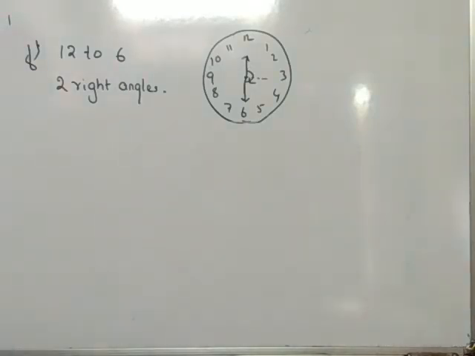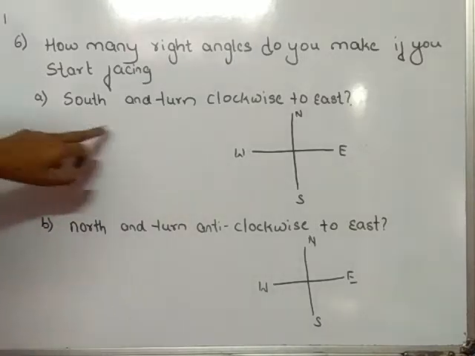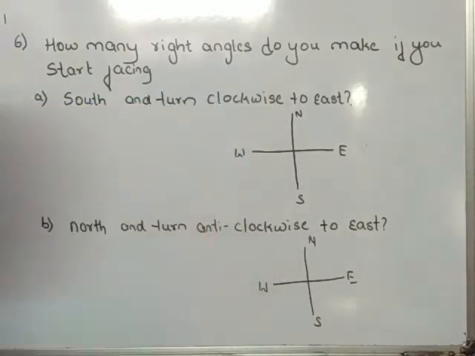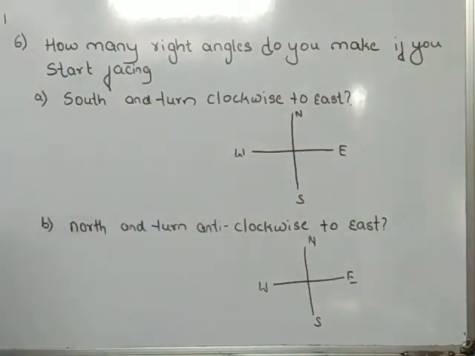Next we'll move to the sixth main. How many right angles do you make if you start facing south and turn clockwise to east? Here I have drawn a direction map, or you can draw a clock diagram also.